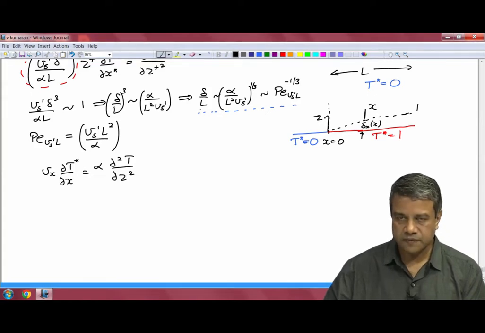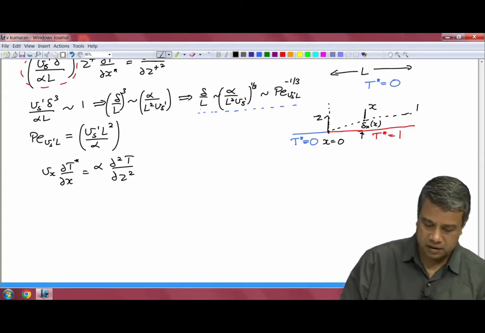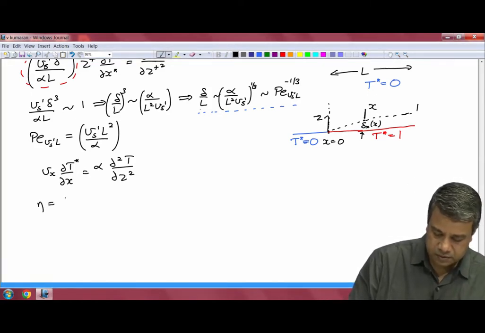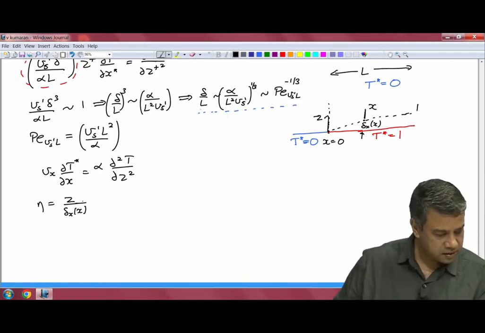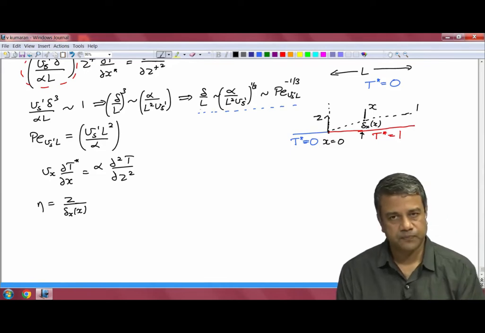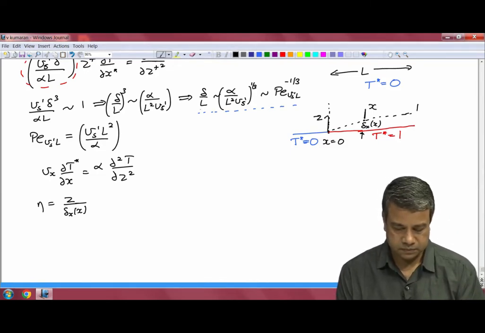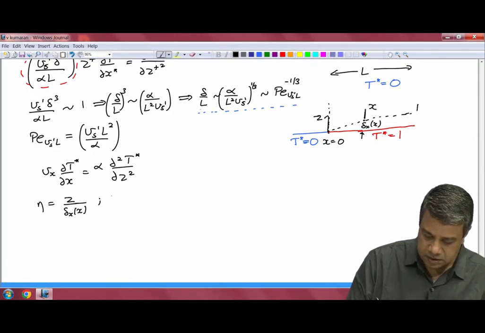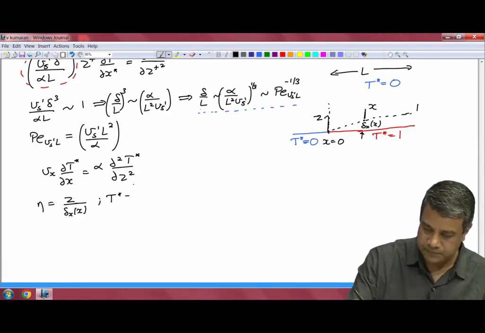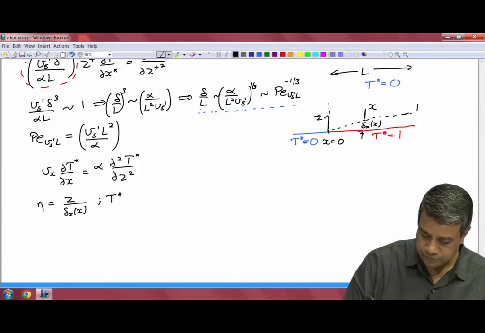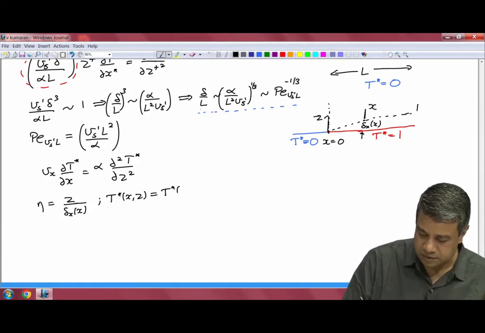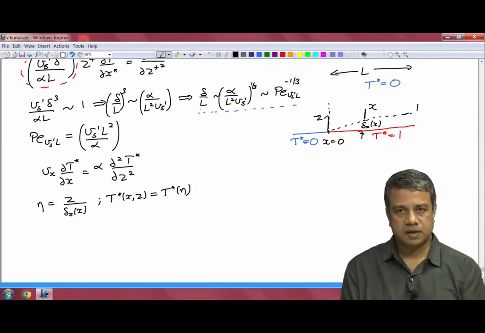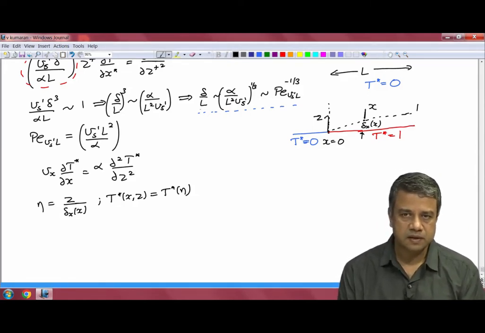So, I can define a similarity variable eta equal to z by delta x of x. The scaled temperature depends upon x and z only through the dependence of the temperature on eta.